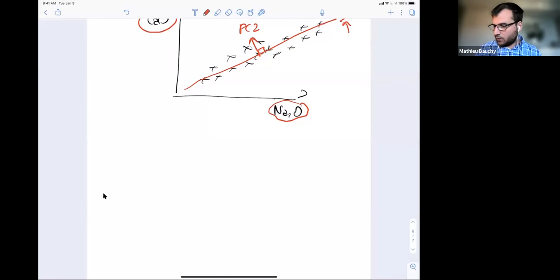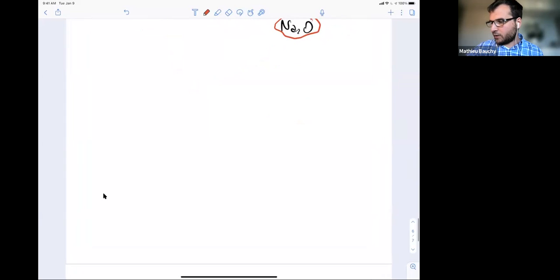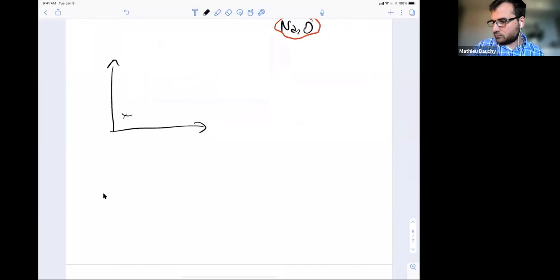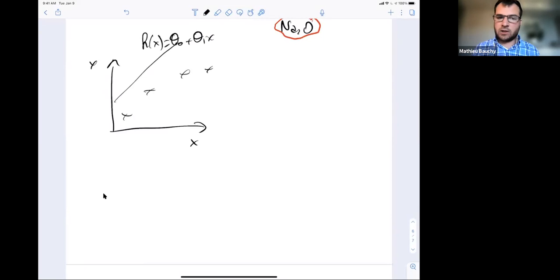So what we said here is in the case of linear regression. So let's assume that you have some data, and you have an input x and an output y, and you want to find what is the best line that you describe as a function h that is an intercept plus a slope times x.